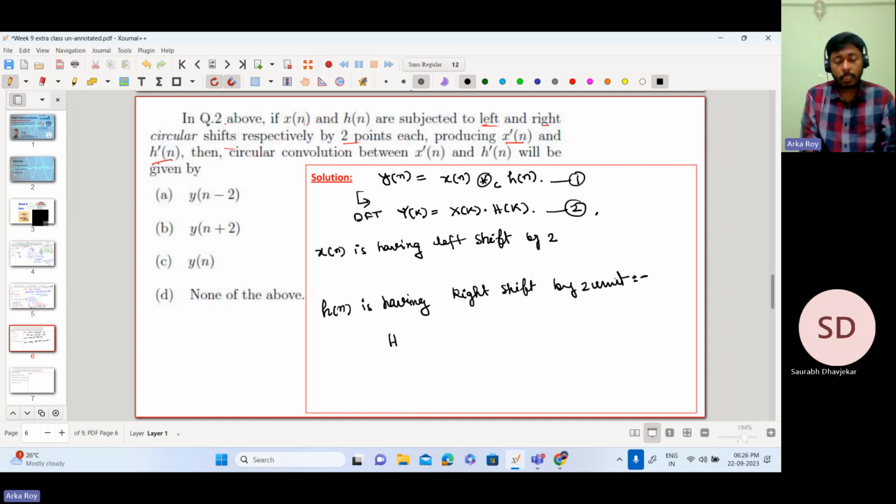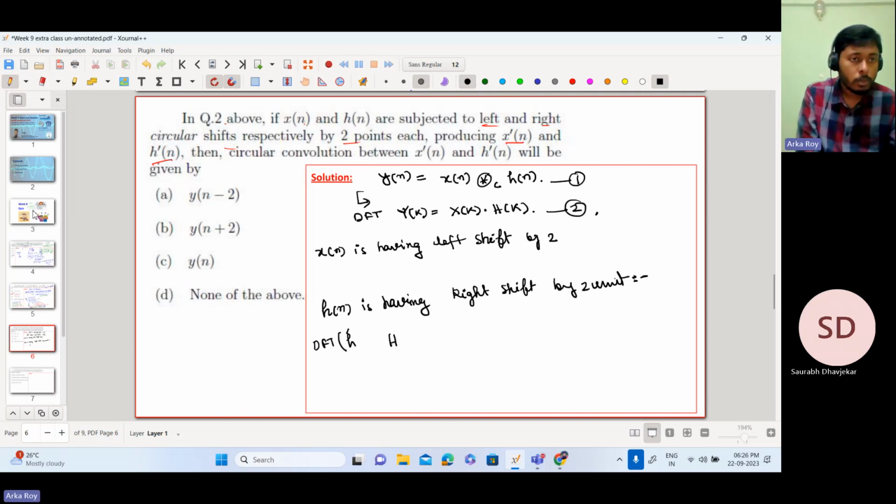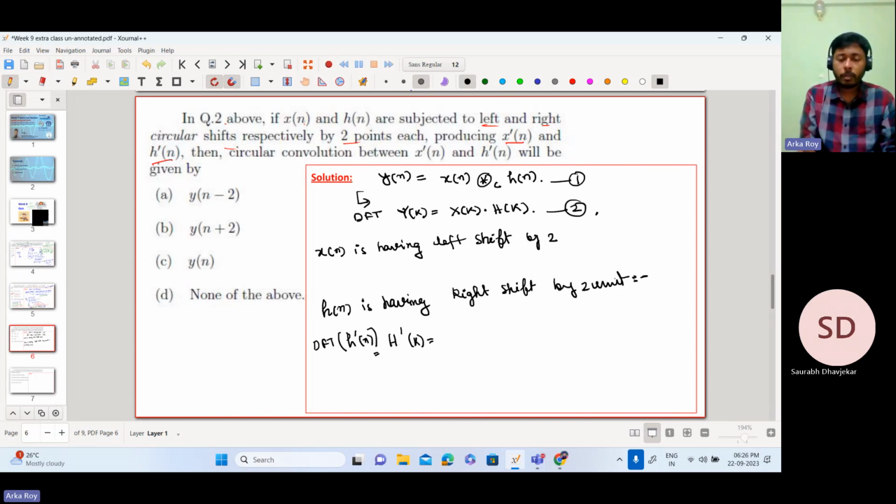If I take the DFT of h'[n], I will get H'[k], which is basically the right shift by 2 units. Right shift by 2 units means this is a circular shift. Over here they have mentioned this is not just a simple linear shift, this is a circular shift.